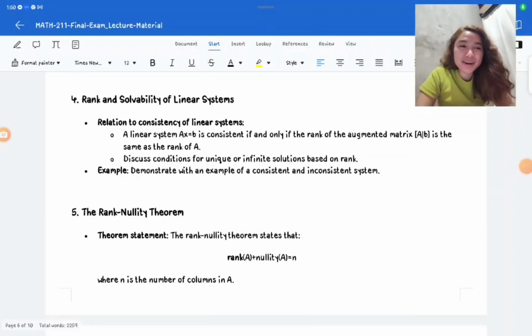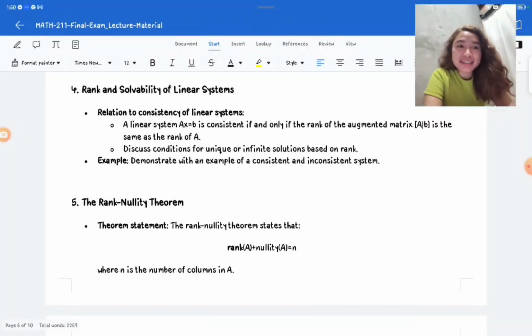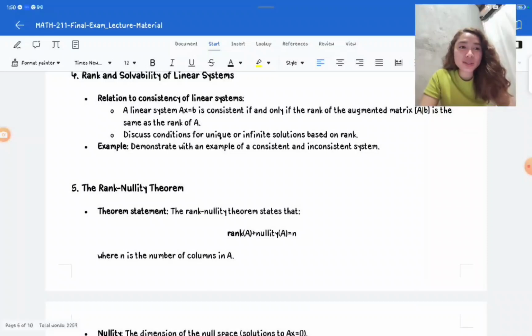Next, we are going to look at rank and the solvability of a linear system, and its relation to the consistency of linear systems. A linear system AX equals B is consistent if and only if the rank of the augmented matrix AB is the same as the rank of A. We're going to discuss conditions for unique or infinite solutions based on rank, and demonstrate with an example of a consistent and an inconsistent system.